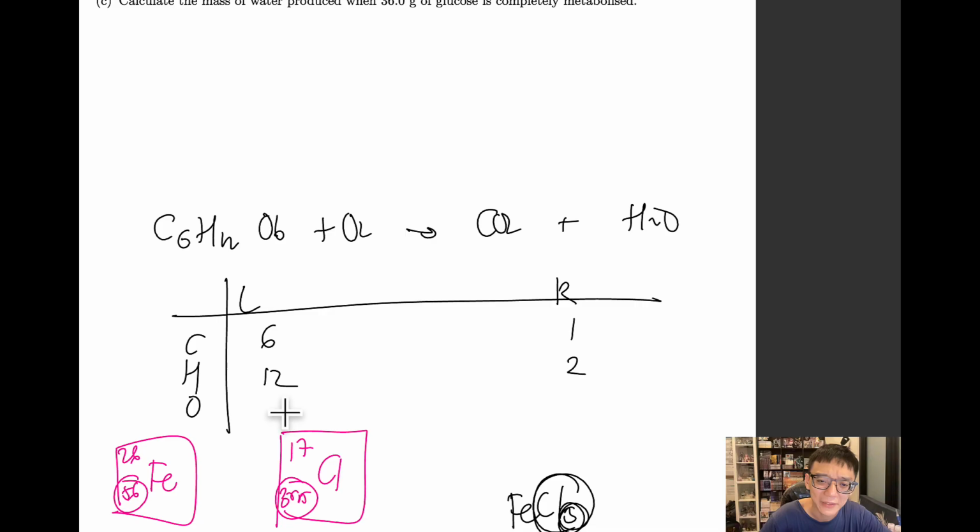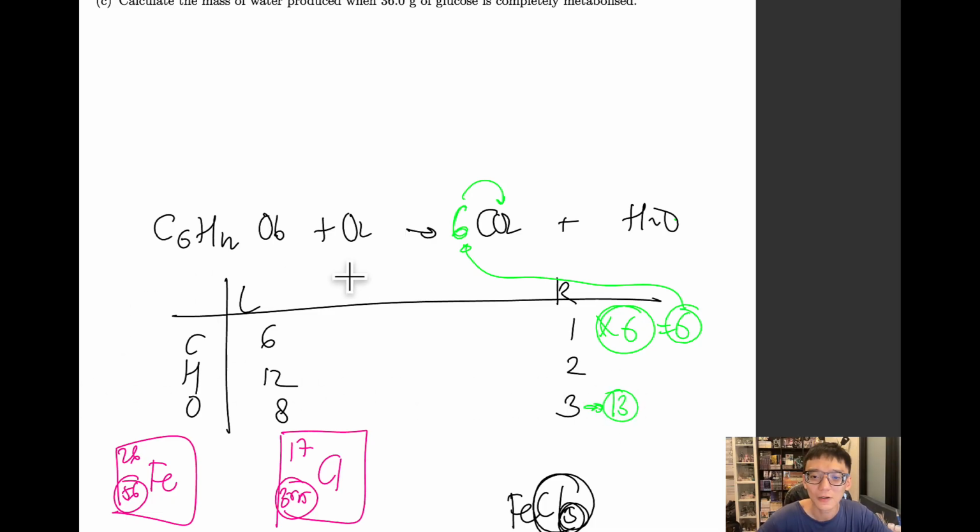Oxygen we have 8, so 6 plus 2, and then we have 3 here. Initially on the right side we must multiply by 6, so that carbon will be 6. Accordingly, the oxygen here now becomes 12 and 1, so 13 so far.